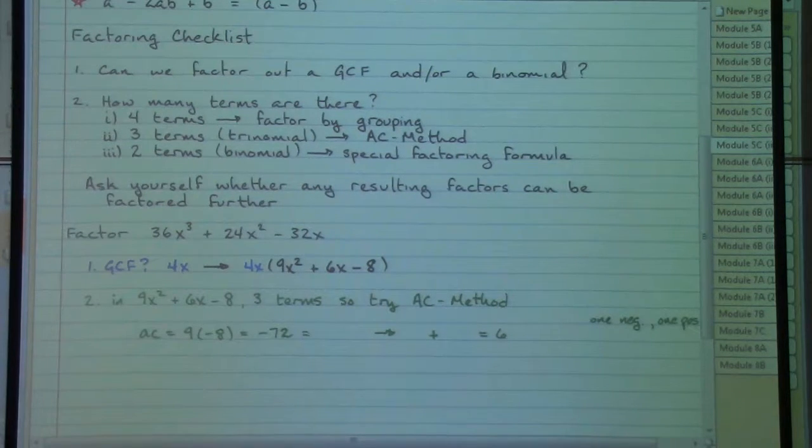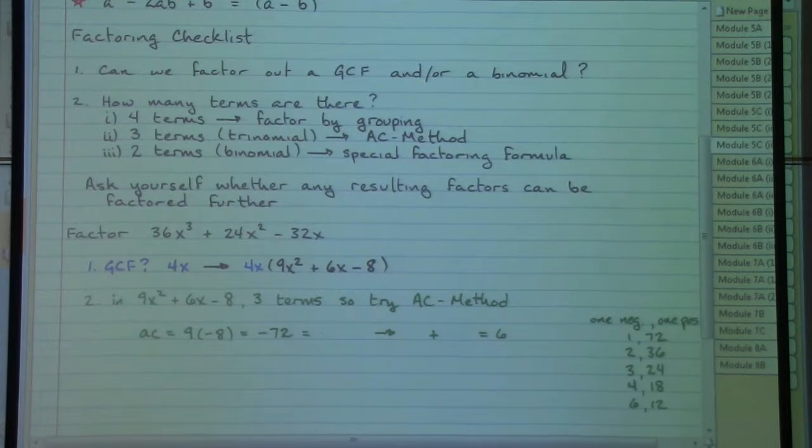And we go through those possibilities. 1 and 72 are too far apart. 2 and 36, still too far apart. 3 and 24 are still too far apart. 4 and 18, still too far apart. 5 doesn't work, but 6 and 12, there we go.